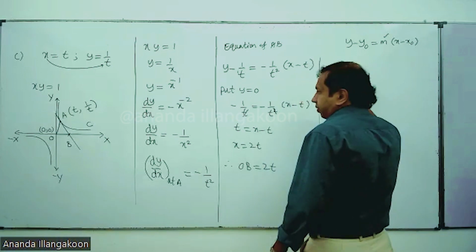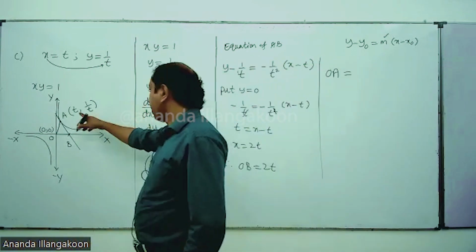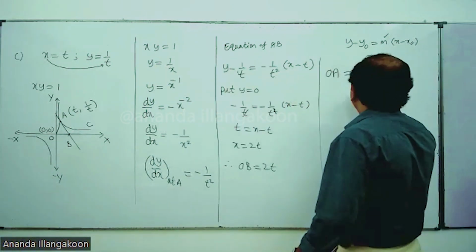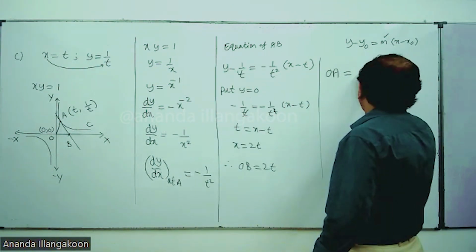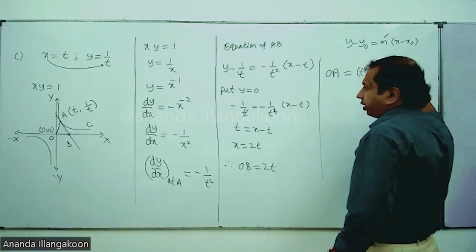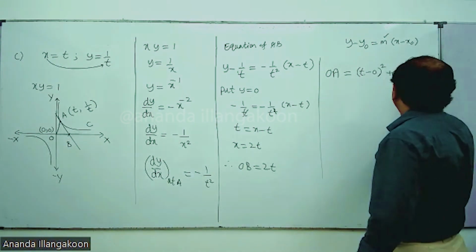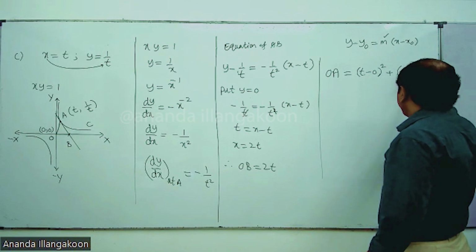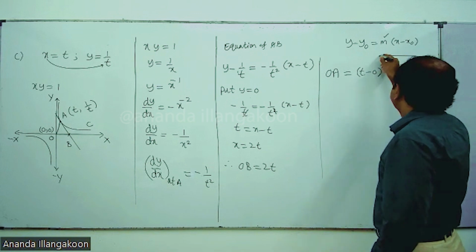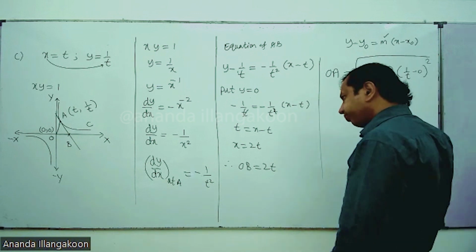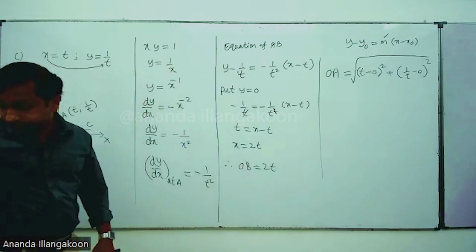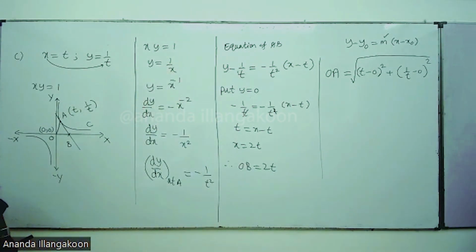Difference of x coordinates: t minus 0 squared, because O has both x and y as 0. The other one is 1 upon t minus 0 squared, all under the root.